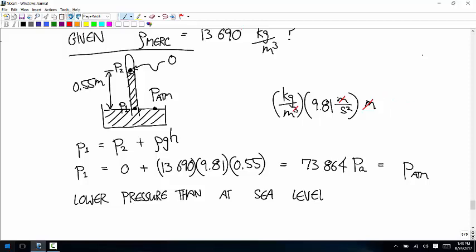So we come out with kilograms, and then times 1 over second squared, which is the same thing as kilograms meters per second squared over meters squared. And that's equal to newtons per meter squared. So it does work out.